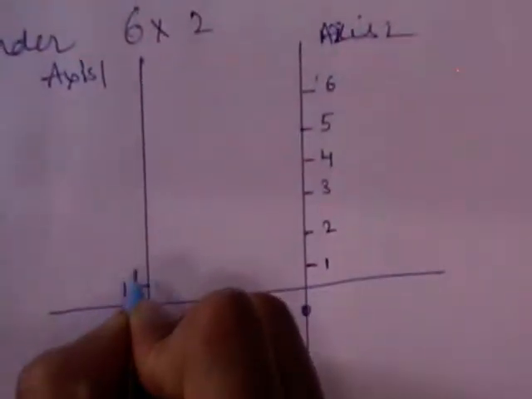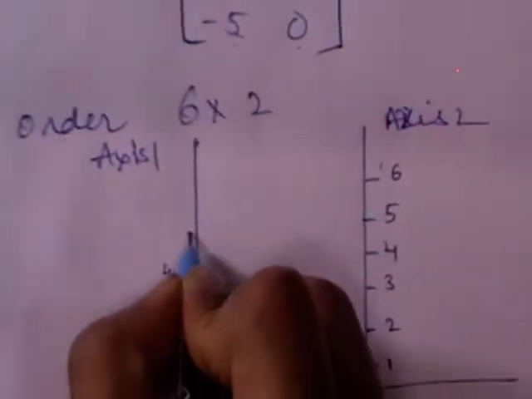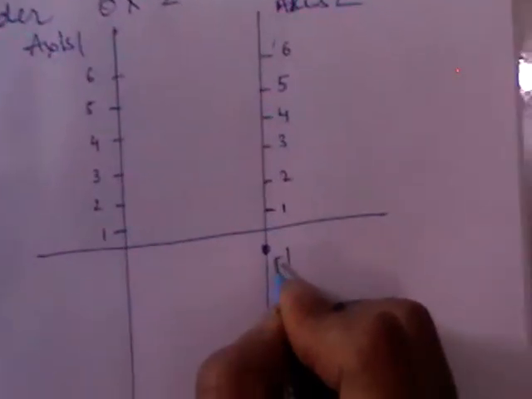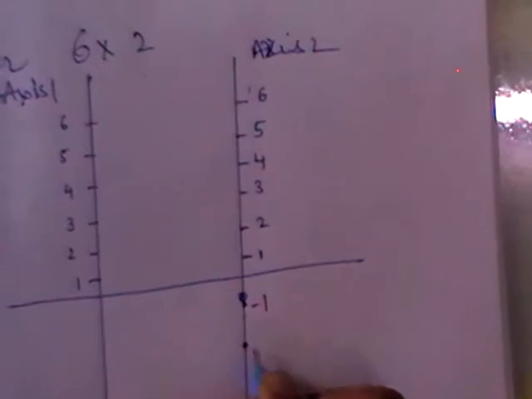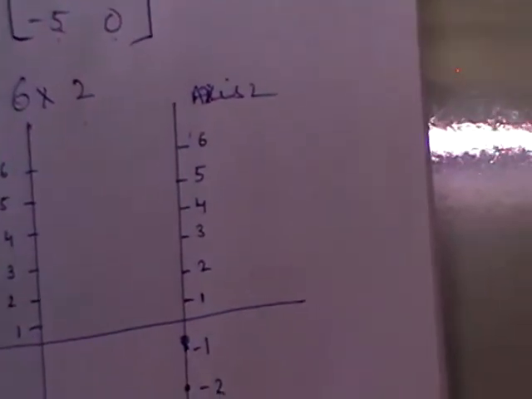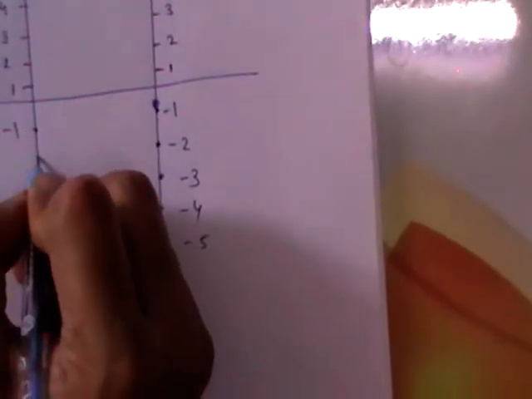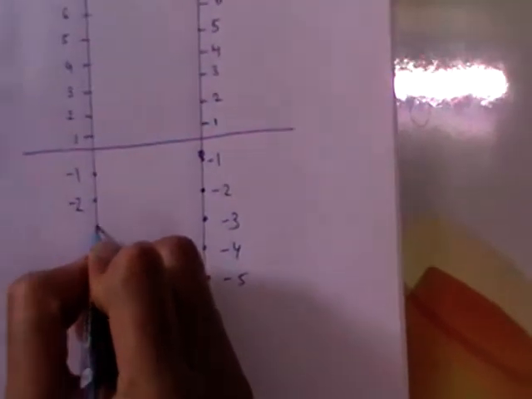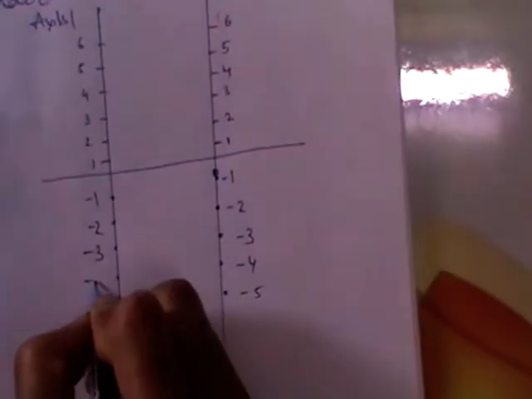Here also 1, 2, 3, 4, 5, 6. Here negative 1, minus 2, minus 3, minus 4, minus 5. Here also minus 1, minus 2, minus 3, minus 4.